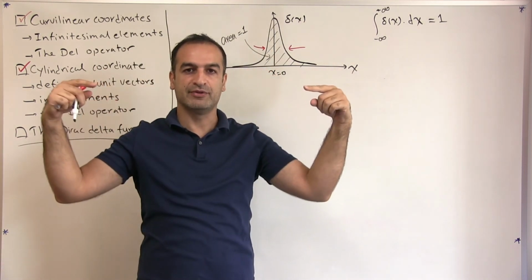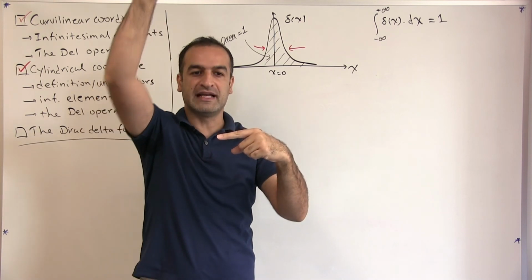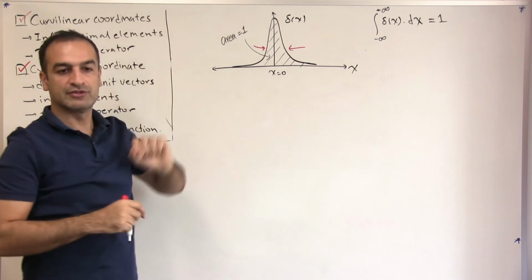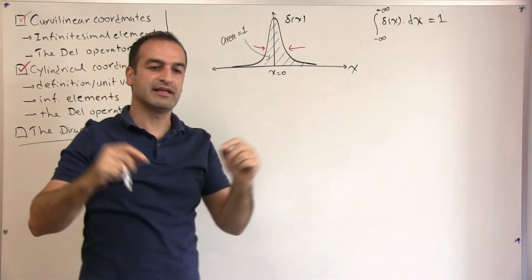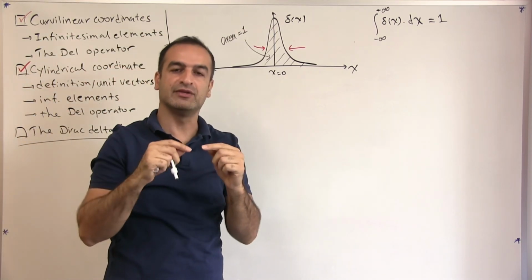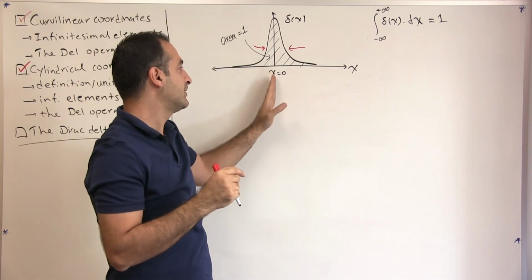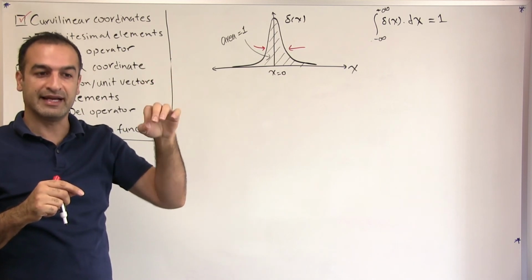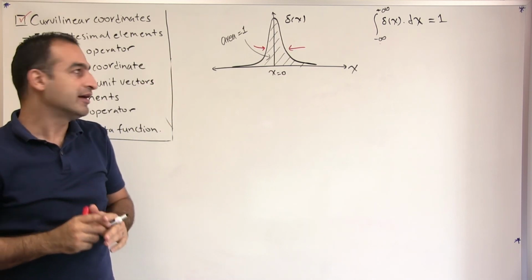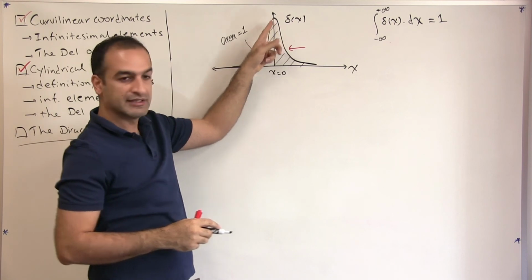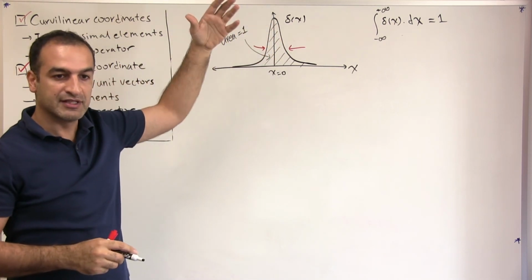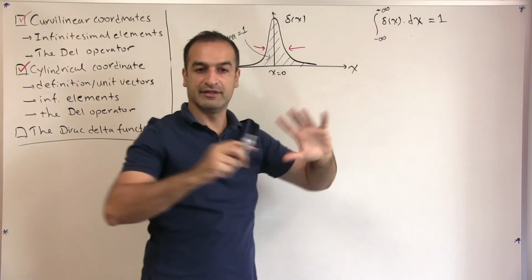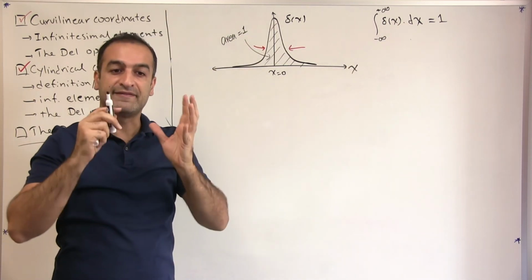That means that if I push it from the sides, I should increase the value of the peak. The narrower it is, the higher the peak should be. In the limit that I push it really narrow, so that as soon as you move from x equals 0 the value of the function drops to 0 very rapidly, that requires that the value of the peak right here be almost infinity, because I want to maintain the condition that the integral of the function, the area under the graph, stays 1.